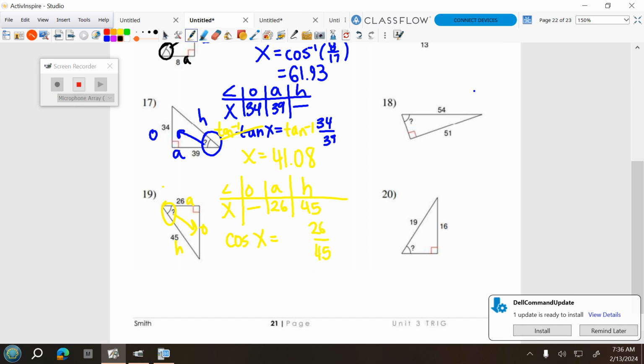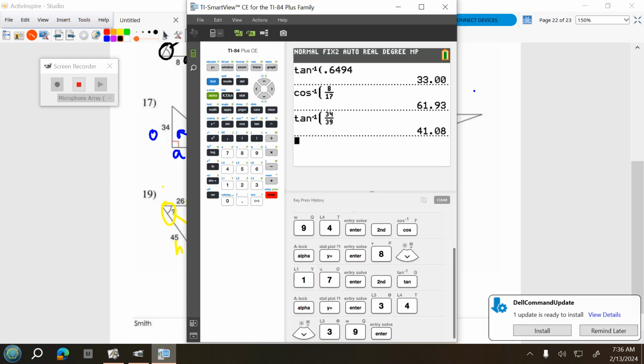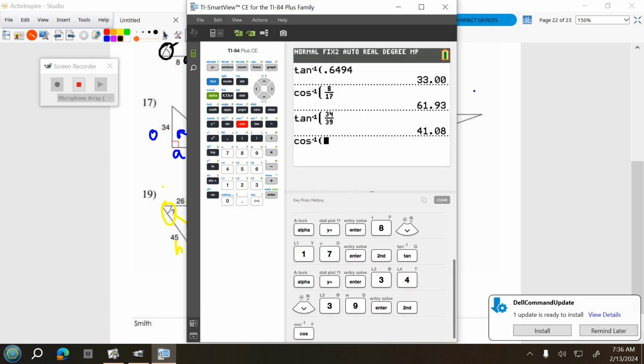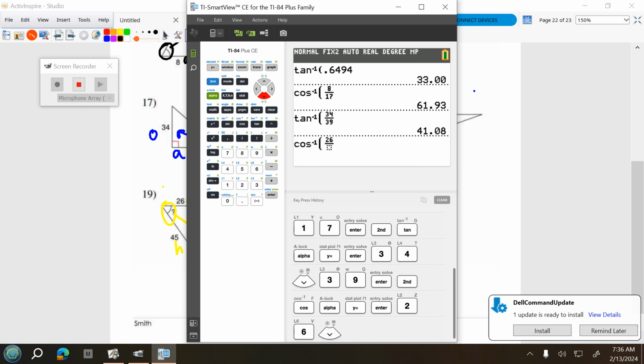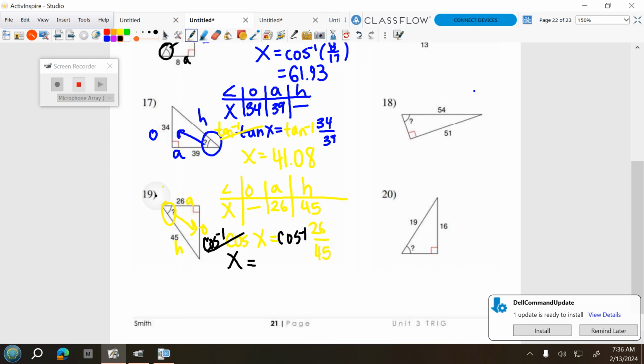Inverse cosine, this cancels, x comes out. Go to my calculator, y equals 26 over 45. I get 54.71 degrees.